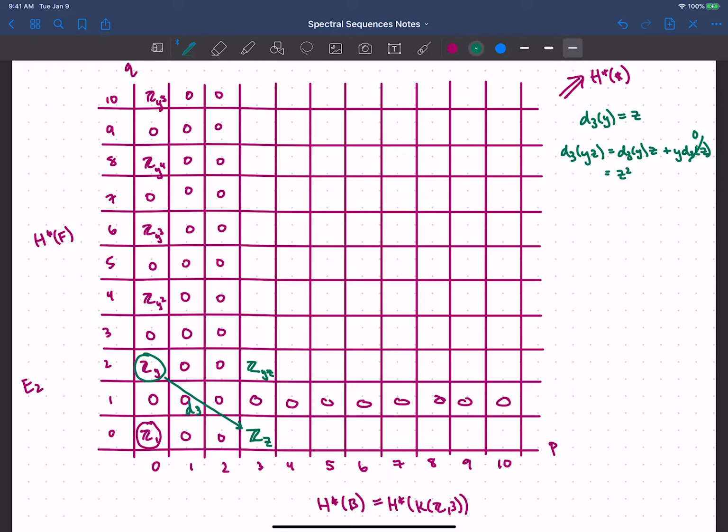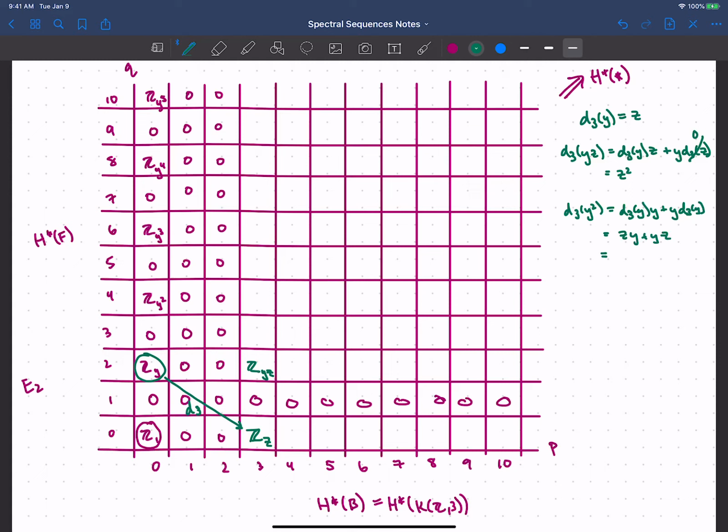Okay, so how are we going to figure that out? Well, we'll have to hold off, so let's continue on. Let's think about d3 of y squared. Well, that should be d3 of y times y plus y times d3 of y, and that's just z times y plus y times z.